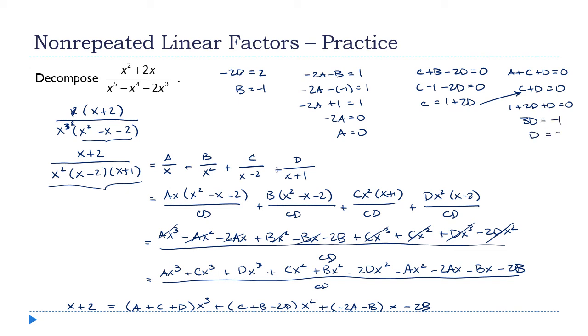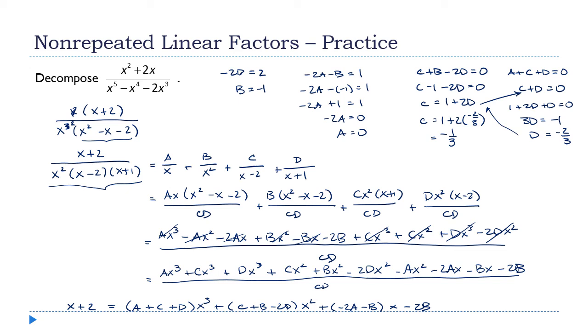D is negative 2/3. Excellent. Now put that back into here. C is 1 plus 2 times negative 2/3. That's 1 minus 4/3. That's negative 1/3. And that's it. That's it.